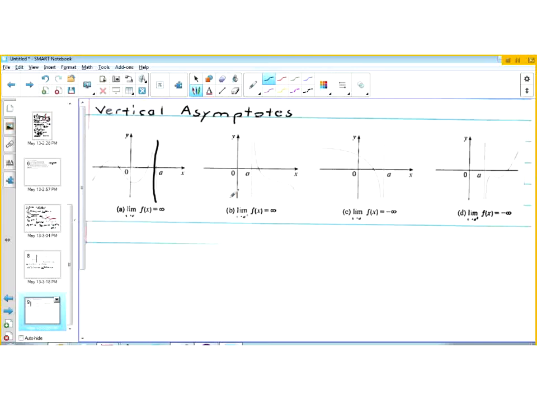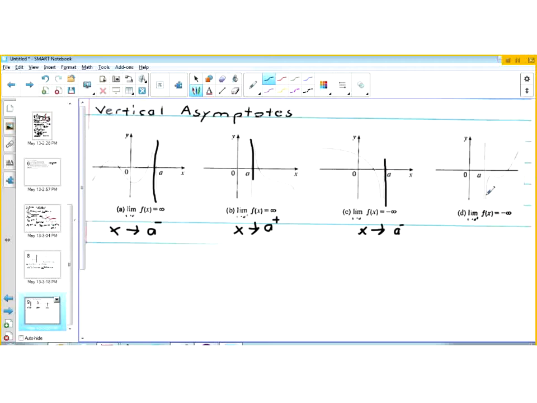In this figure, this is x approaches a minus. Here, x approaches a plus. As x approaches a plus, the output goes to positive infinity. And here we have x approaches a minus.